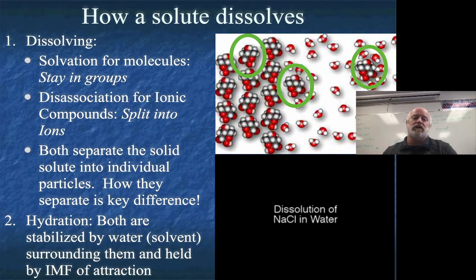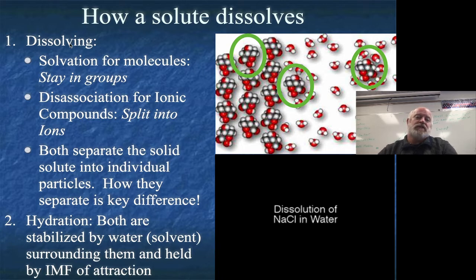Now, the next thing we want to talk about is how do those solutes dissolve, okay? What's the actual process of dissolving going on? Things we need to take a look at are that there's the dissolving process first, step one, and then step two is a hydration process, okay? So it's always kind of a two-step process. The dissolving process is all about separation, pulling things apart to get them into solution.